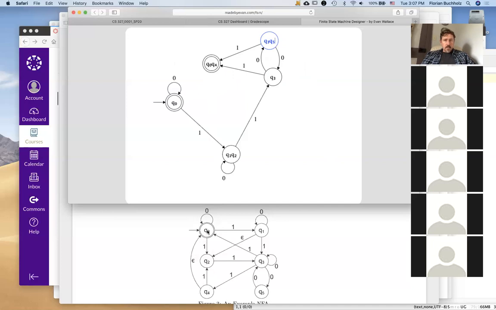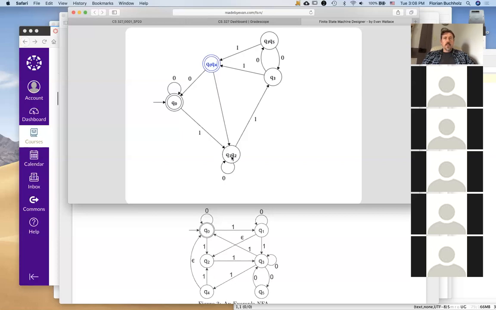So I need to make double sure now that. And now we need to look at 1 transitions. So I can go to Q2 and Q1 and Q2.